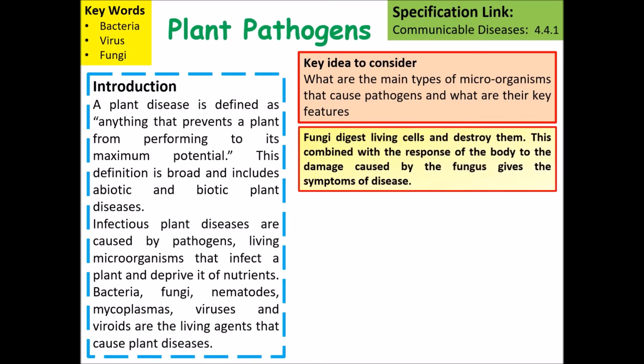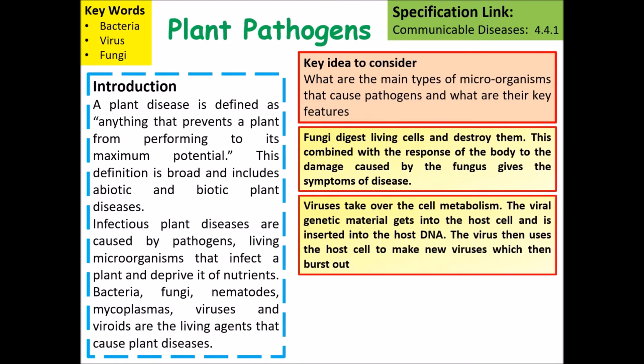First one, fungi. Fungi digest living cells and destroy them. This, combined with the response by the plant, will cause the symptoms of the disease. Viruses take over cell metabolism. The viral material gets into the host cell and is inserted into the host DNA.